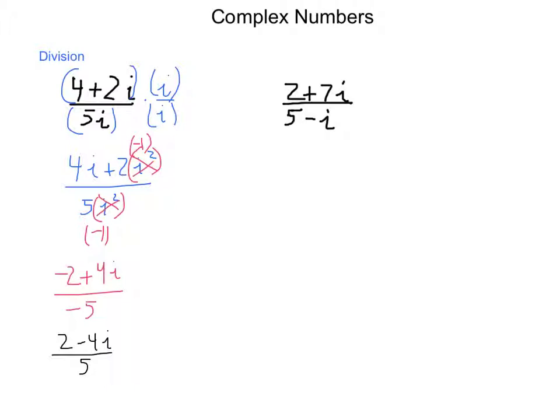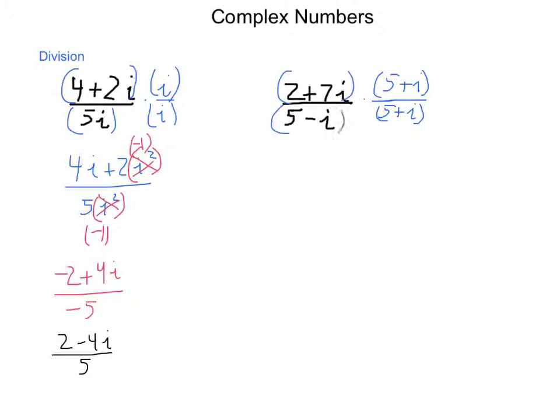If you have something a little bit more complicated, where you have a complex number, not just an imaginary in the denominator, we have to multiply this by the number 1 in the form of the complex conjugate of the denominator. So I had 5 minus i as my denominator, so I have to multiply this by 5 plus i, both numerator and denominator.